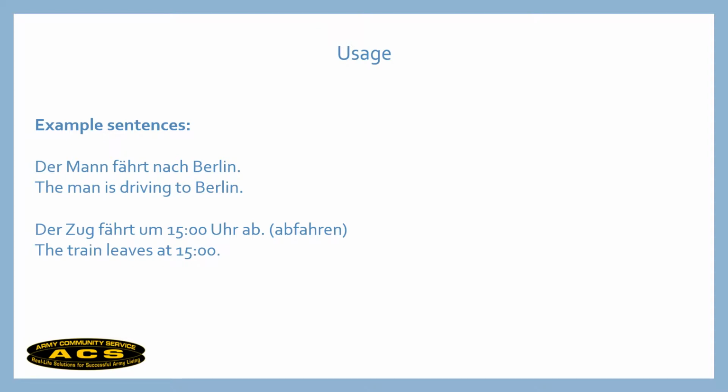So in English, you would probably say, the train leaves at 1500. So fährt ab, again, you can see that comes from the separable verb abfahren, and I use my conjugated verb first, der Zug fährt, and I have my prefix at the end of the sentence.